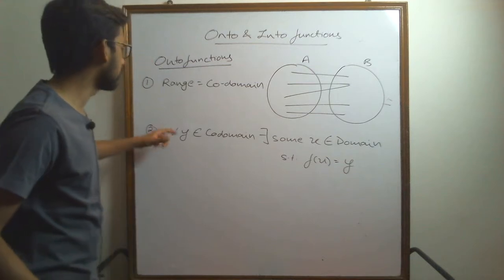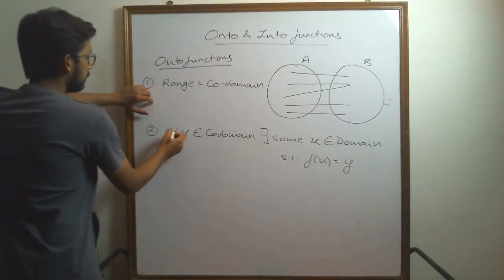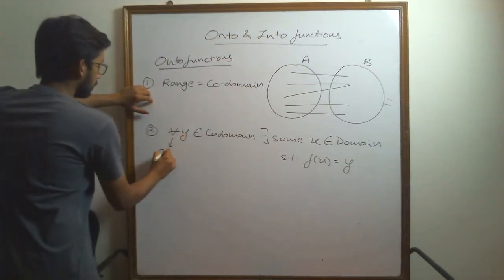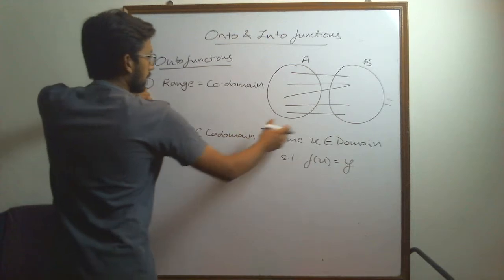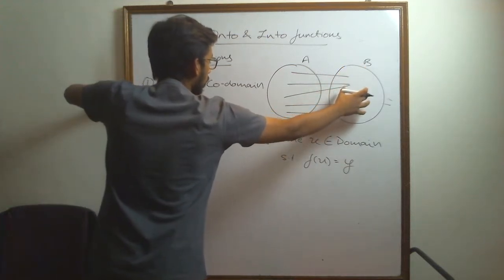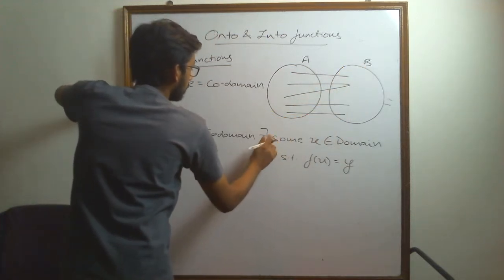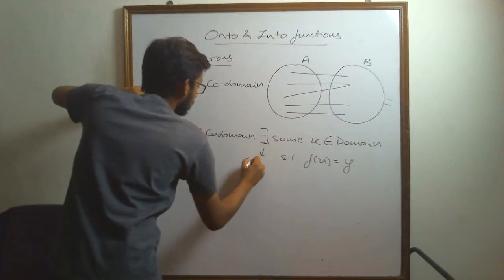Let's see what it says. First, this is the symbol for all, y belonging to the codomain. So for all elements in the codomain, this is the symbol for there exists.